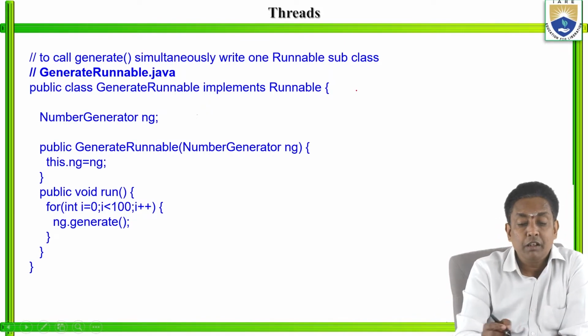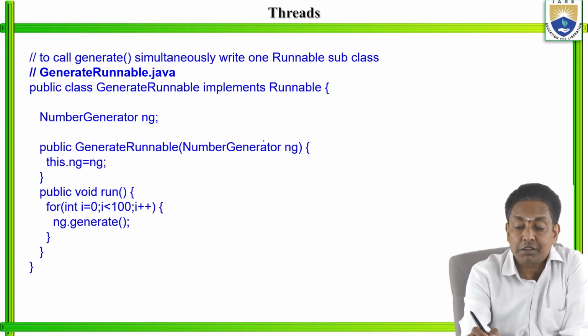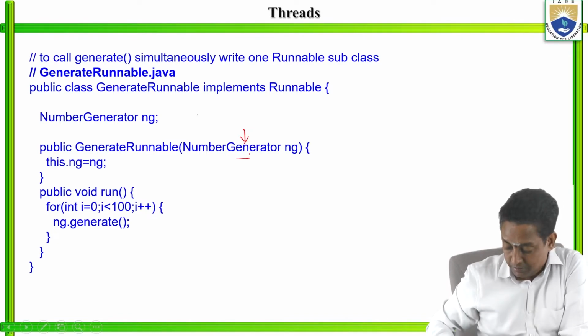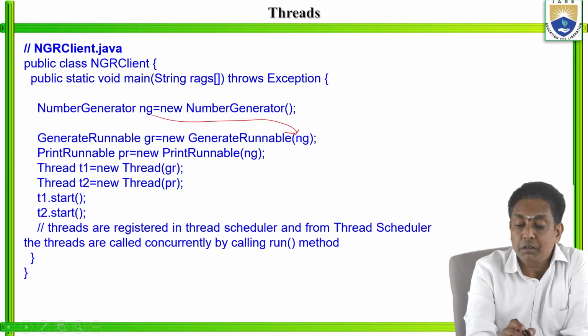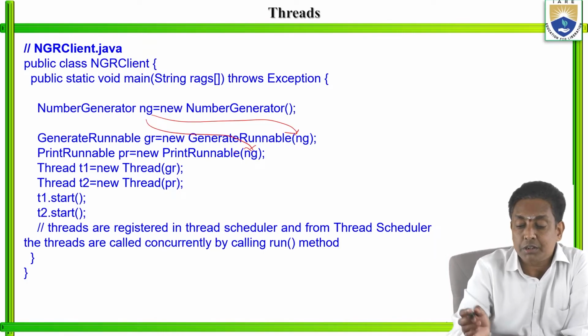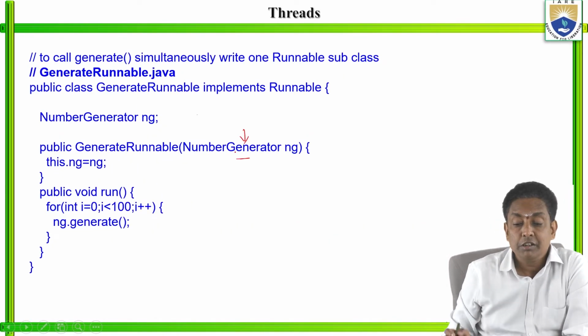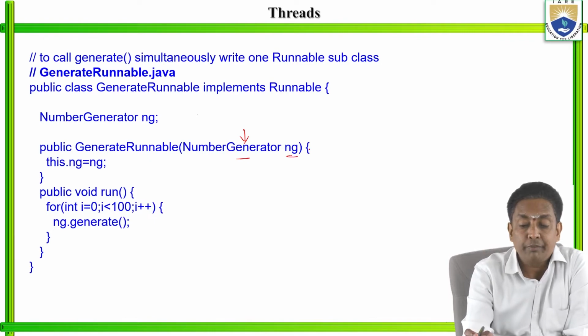That's the point. So here in the GenerateRunnable class constructor, we are also receiving a number generator class object. From where will we receive it? From the main method, from here. Into GenerateRunnable and PrintRunnable, we are passing the number generator object into the constructor. So that is how we are getting number generator here.